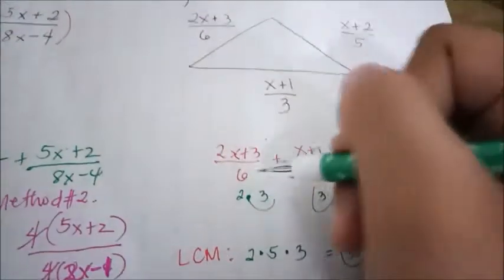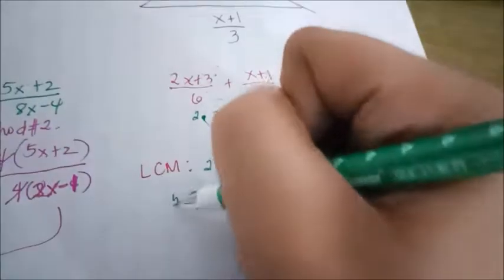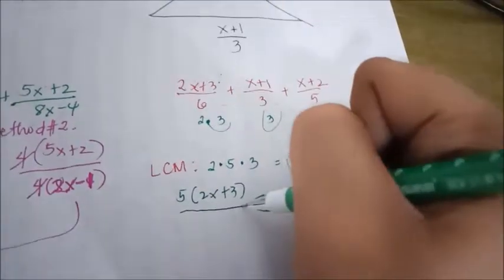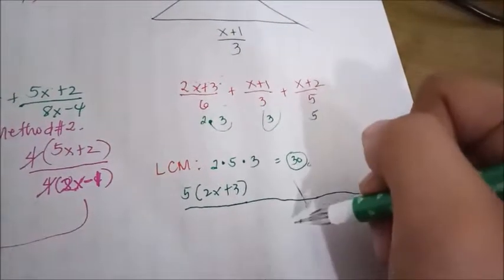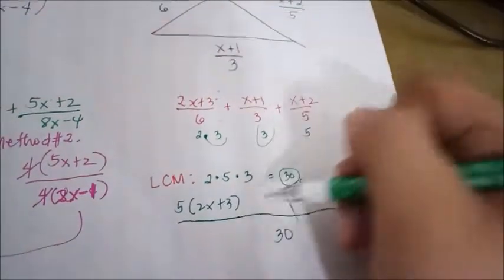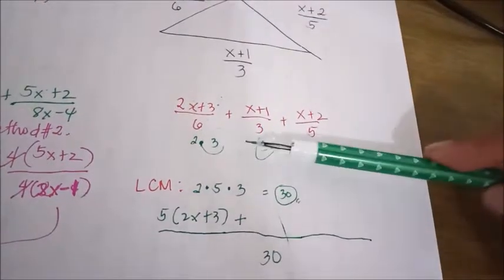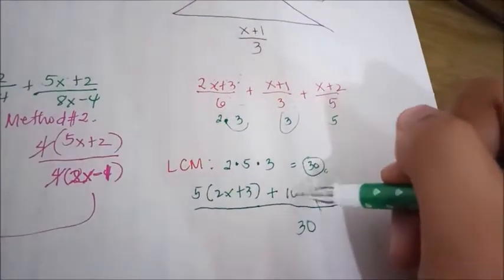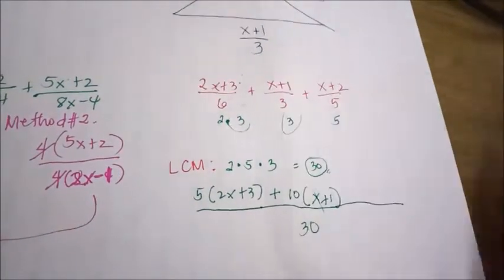So, 5 will be multiplied sa numerator. 5 times 2x plus 3 all over, dudutong na natin, ha? Our denominator will be yung LCM, which is 30. Plus, factors ng LCM na wala sa 3. If your answer is 2 and 5, edi 2 and 5, you're correct. 2 times 5 is 10. Ibig sabihin 10, ang ita-times mo sa numerator, which is x plus 1.